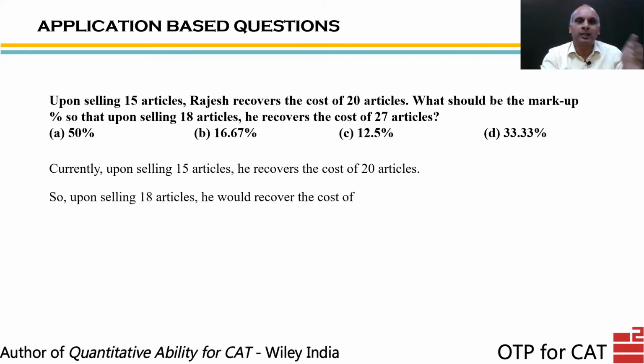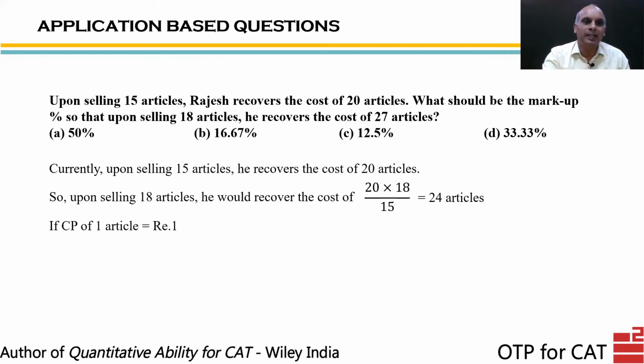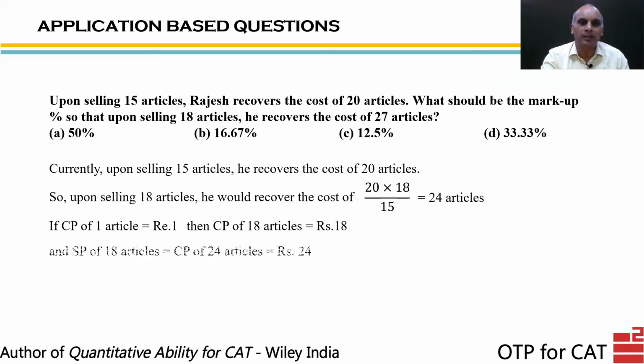So 15 articles refers to 20 articles, so 18 refers to what? 18 into 20 upon 15, that means 24 articles, right? That means if CP is 18 rupees, assuming that CP of one article is 1 rupee, so CP of 18 articles will be 18 rupees, his SP will be 24 rupees.